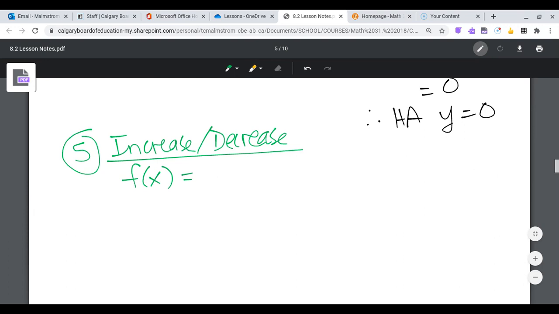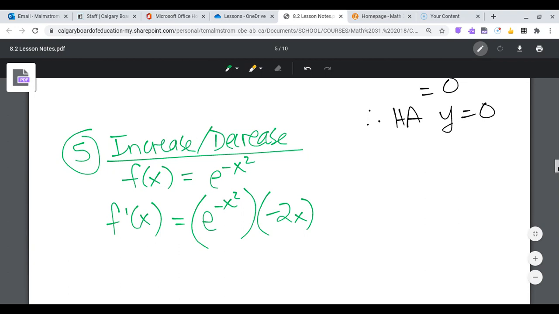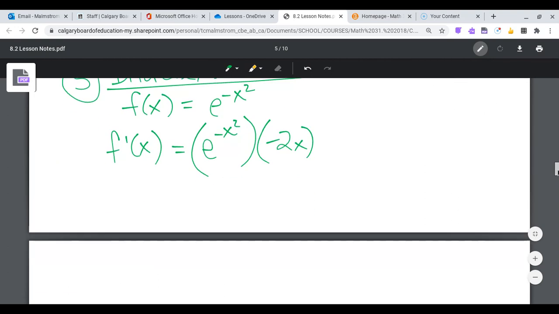Our function was e to the power of negative x squared. So the derivative of this is e to the same exponent multiplied by the derivative of that exponent, which would be negative 2x. Leave that in factored form because we're going to set this equal to 0 to find the critical numbers next.